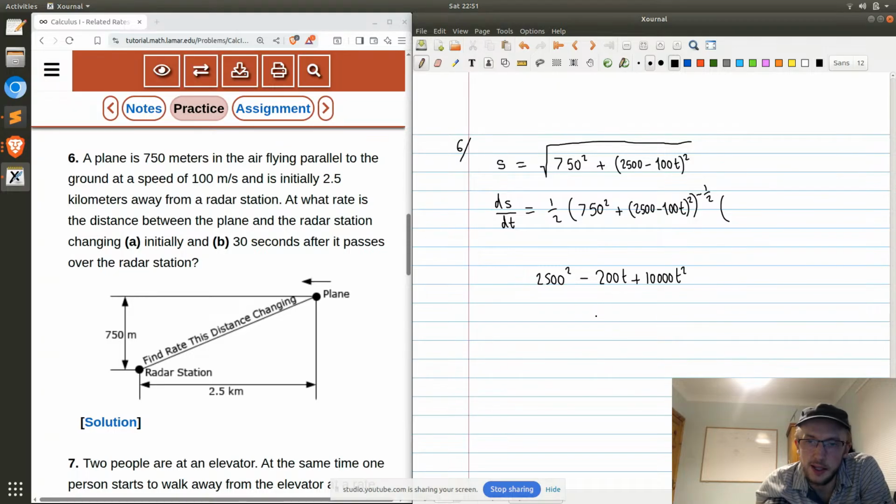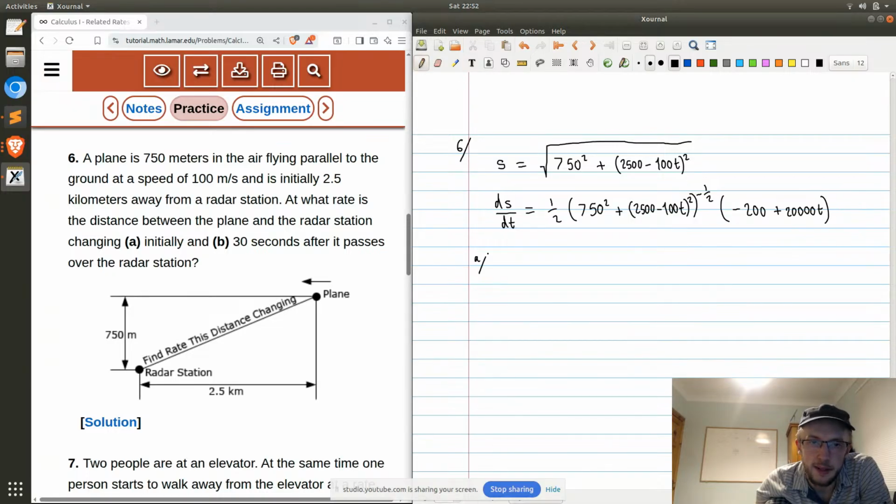And I differentiate that, and I'll get minus 200 plus 20,000t. So I'll bring that up here.